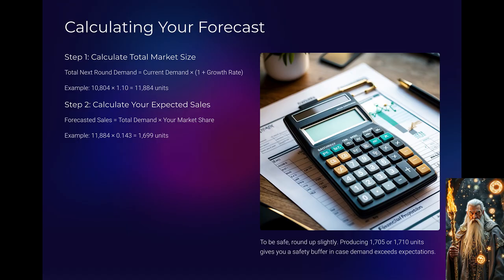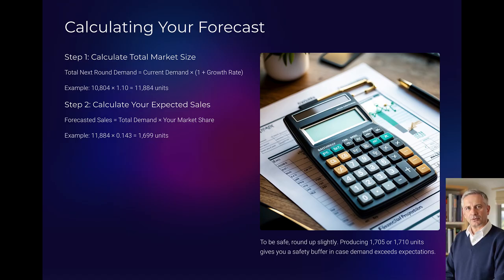So, based on the system's prediction, you can expect to sell around 1,699 units of your product in the next round. To be safe, we usually round up slightly. Producing 1,705 or even 1,710 units gives you a safety buffer in case demand exceeds expectations. This small safety stock helps avoid stockouts.